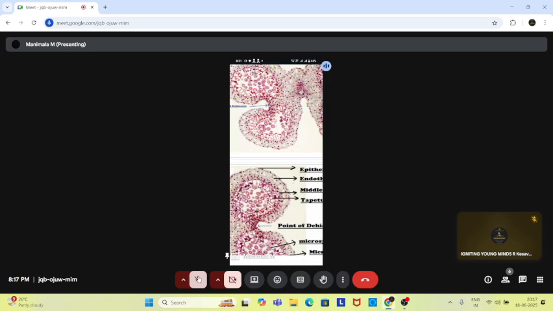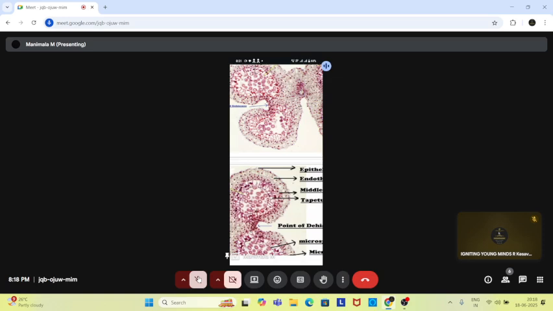How many pollen chambers? Two chambers. How many locules in a dithecous anther? Bilocular. In the monothecous anther? Unilocular. So this is the general structure of the anther.